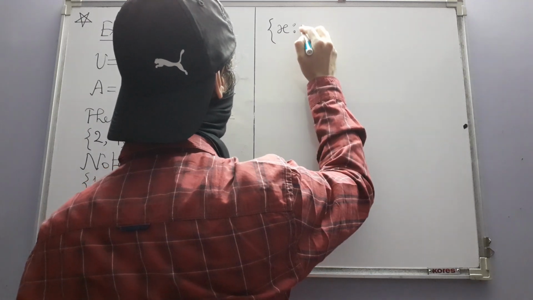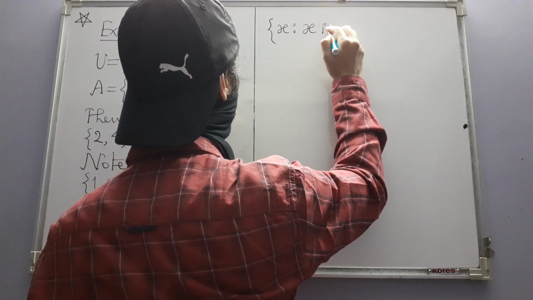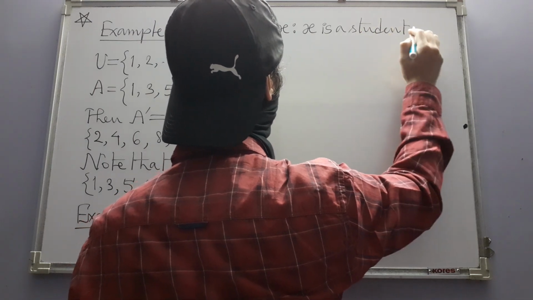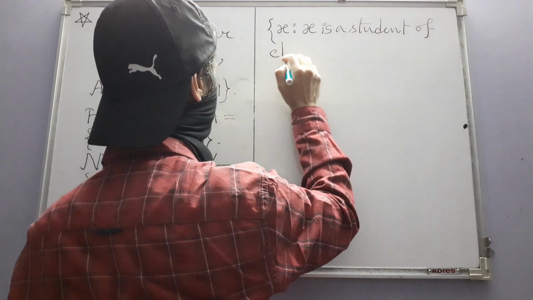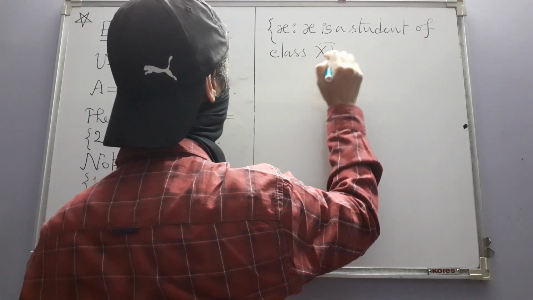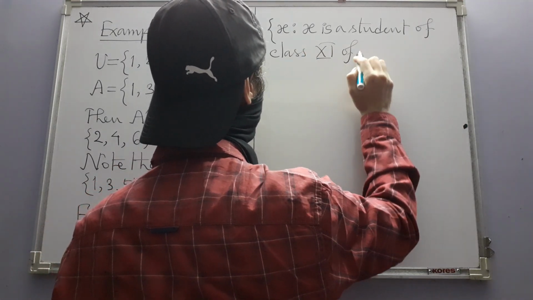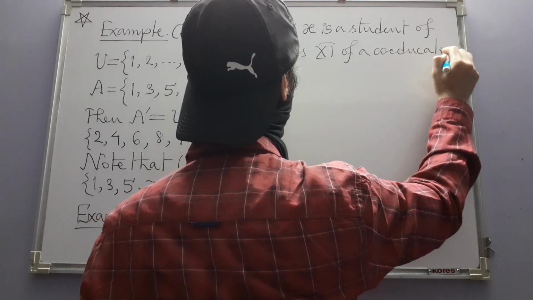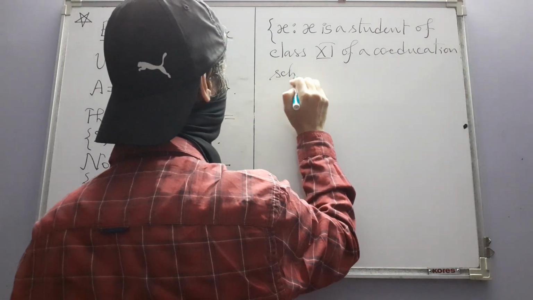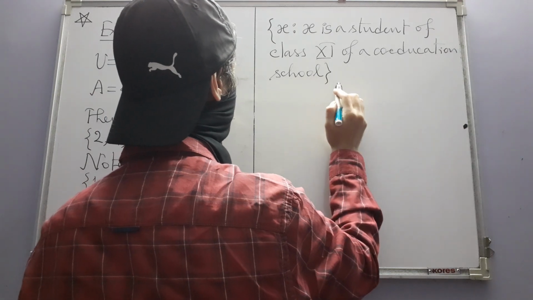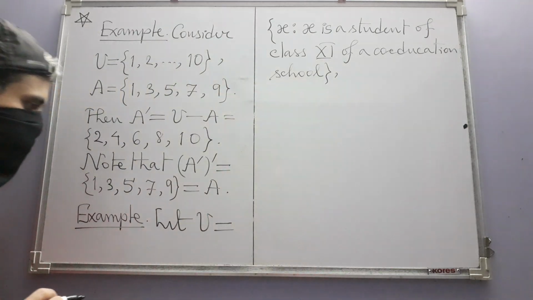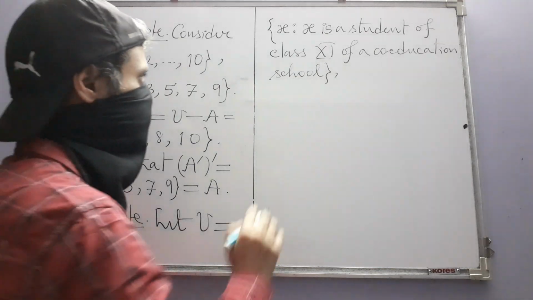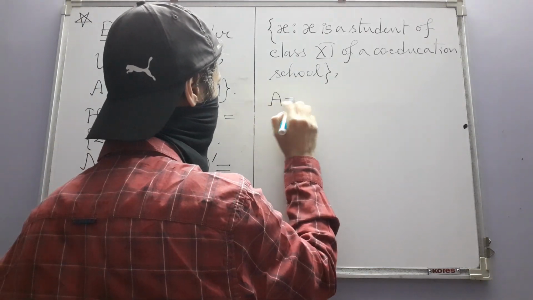It's the set of all elements X such that X is a student of class 11 of a co-education school, and A is the set of all girls.